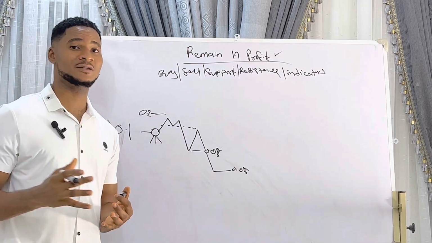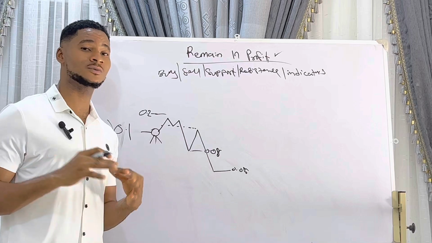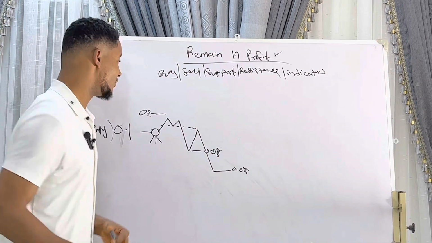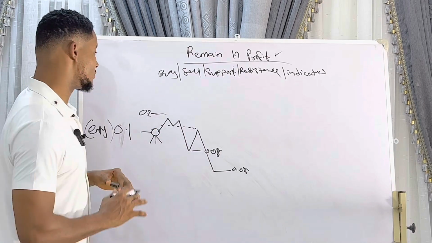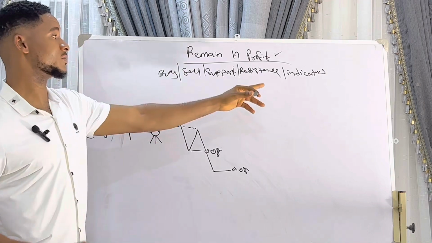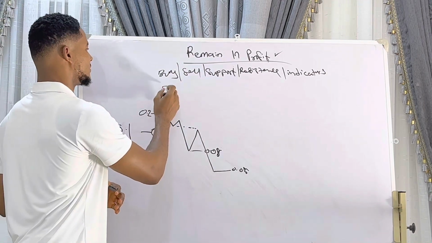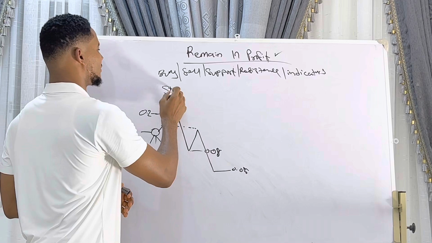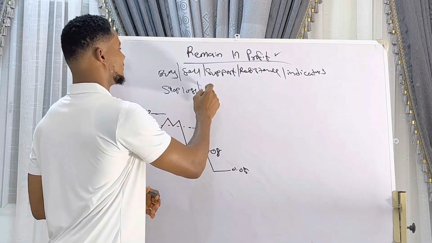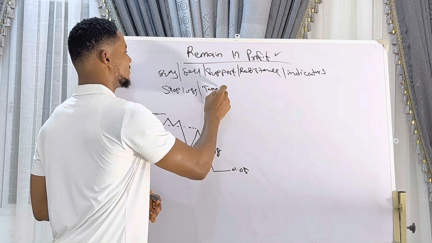Now, there is a way to always remain in profit. Once you are in profit, you must win that trade. You must win that trade. Now when you bought this, you already set your stop loss and take profits.